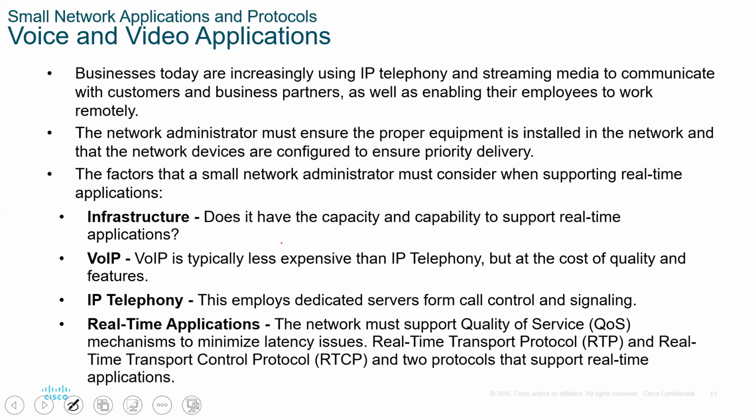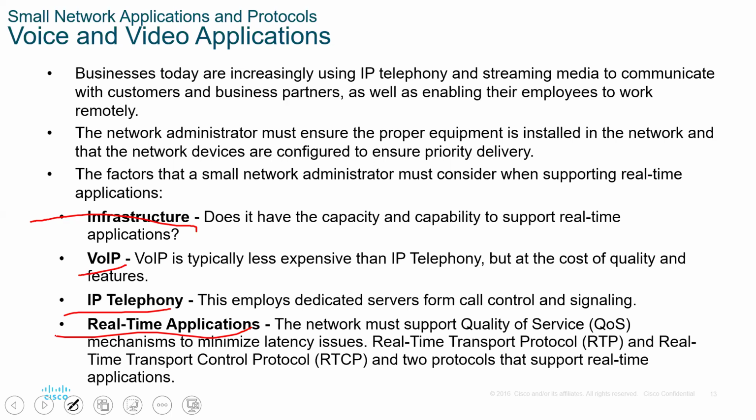The factors that a small network administrator must consider when supporting real-time applications include the infrastructure, which is very key, VoIP, which is voice over IP, then IP telephony, and then the real-time applications. The administrator must consider them very well.